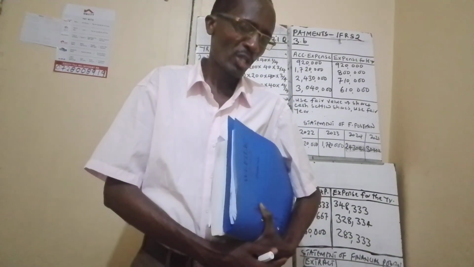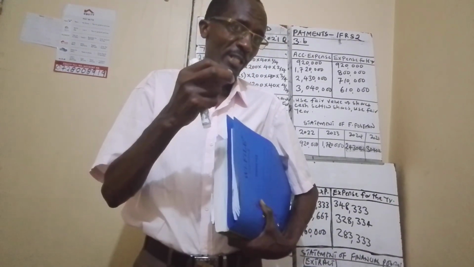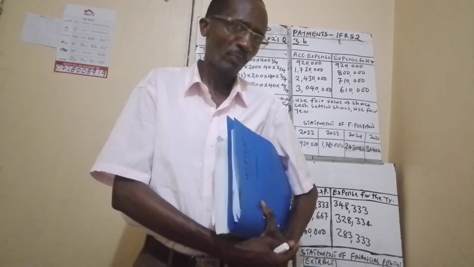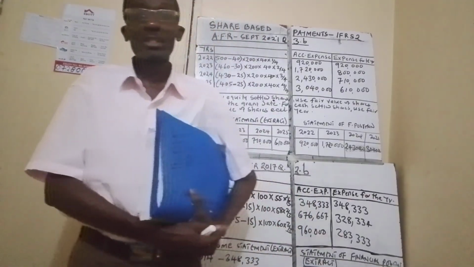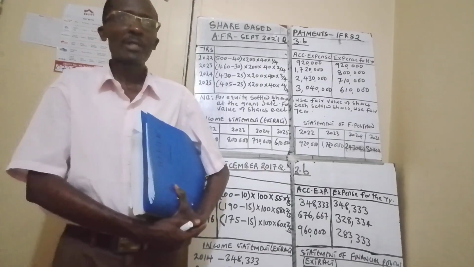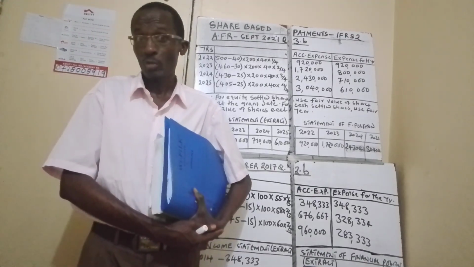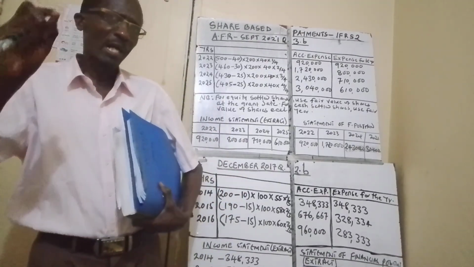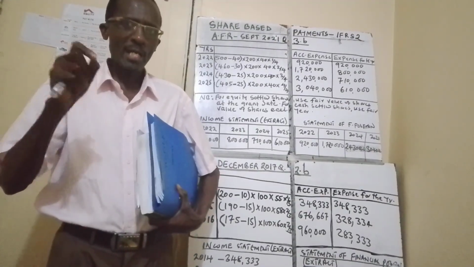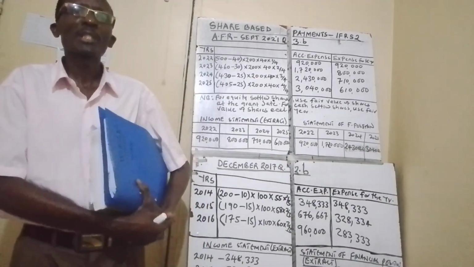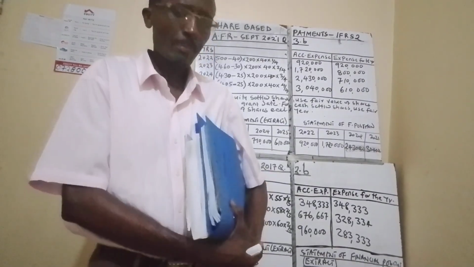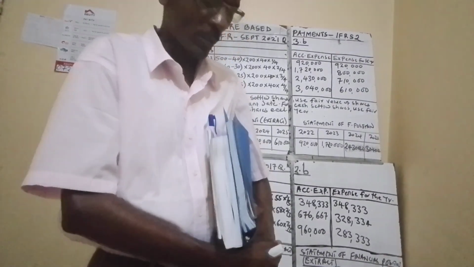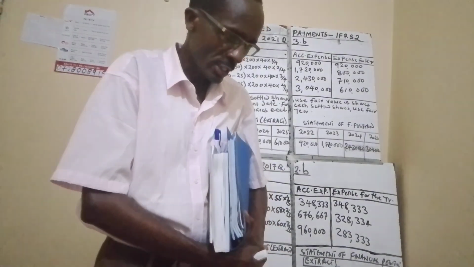Cash settled share-based. What it means is that you will receive cash for the supply of goods and services to the entity, but this cash that you are receiving, that is your consideration, is based on the value of the shares or the equity of that particular entity. And then number three, the other type of share-based payment, is known as equity settled or cash settled.